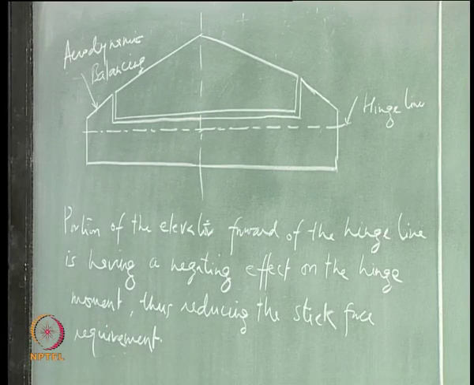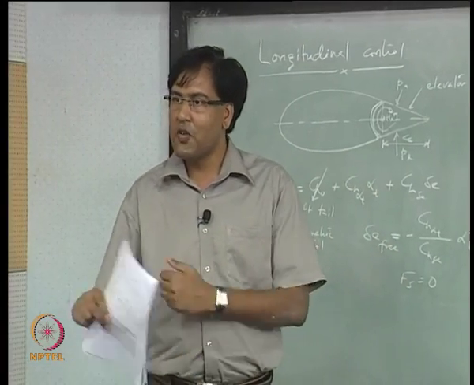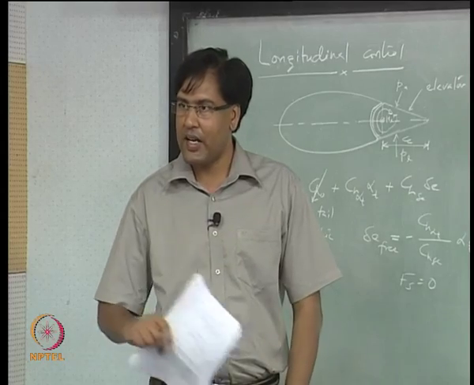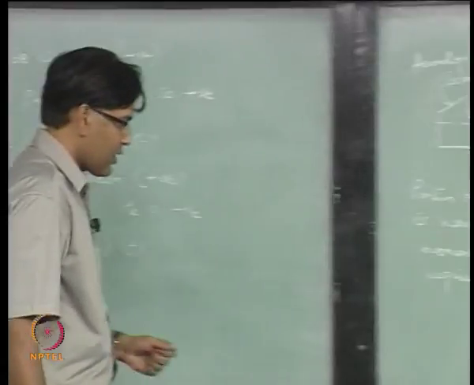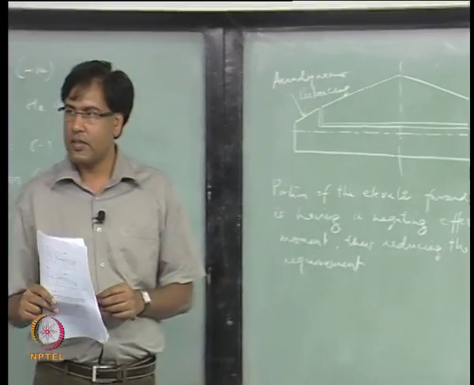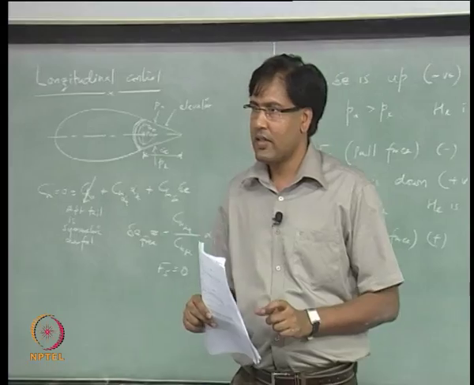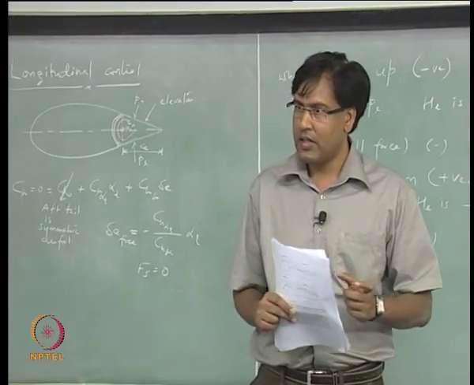So our effort is actually to reduce the pilot workload. Usually in a transport aircraft which is designed for long flight, there you don't want to burden the pilot. So there what they will use is the surface for setting the trim. That surface is called trim tab. Okay.